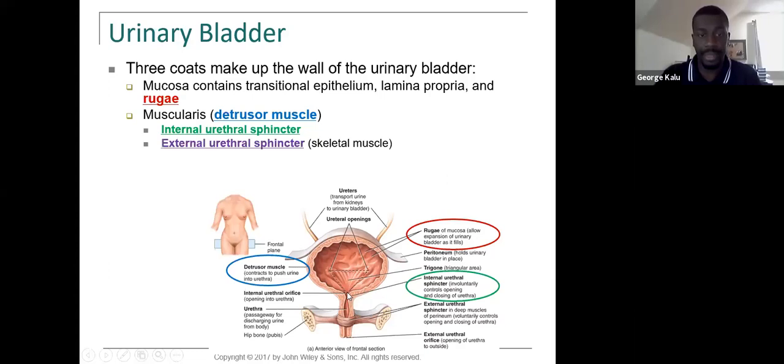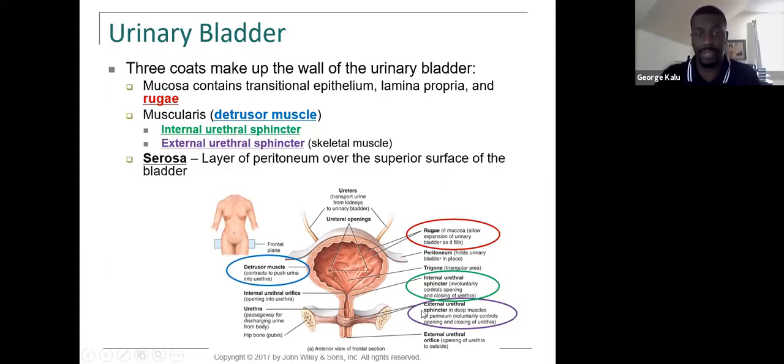And then we have the external urethral sphincter, which is made up of skeletal muscle, and this is one that we are able to control. And then on the outside of the bladder, we're going to have the serosa. So we have the mucosa, and the muscularis, which contains the detrusor muscle and the internal and external urethral sphincters, which we see over here, and then we have the serosa on the outside.